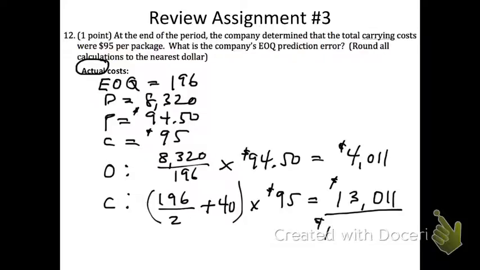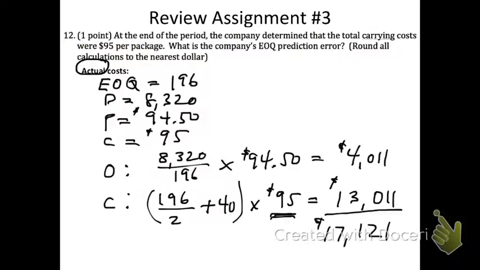And so the total ordering and carrying costs of $17,121. Again, our carrying costs are much larger than what we expected. We expected the 5,658, but because we incorrectly predicted the carrying costs, our carrying costs are actually higher.